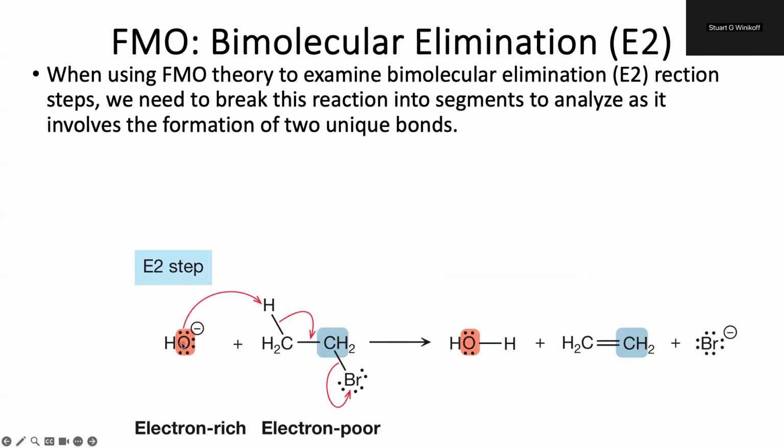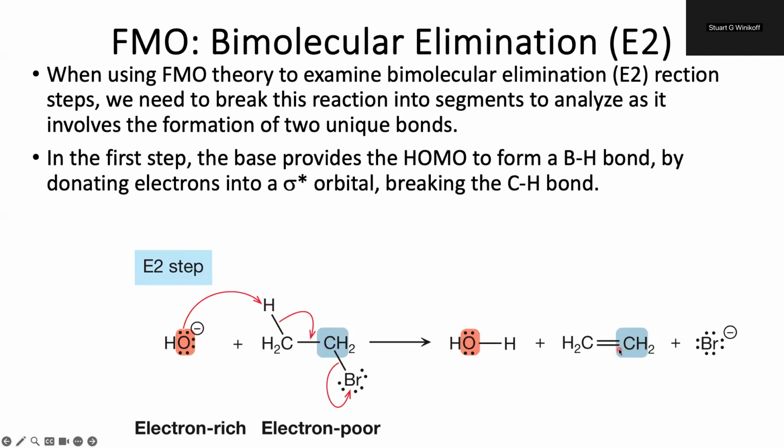Again, my base takes the hydrogen atom that I'm extracting, as well as forming a double bond. So I've got formation of two unique bonds, which means that I really need to look at these two parts. I'm going to look at how the orbitals form that first bond and then how the orbitals form that second bond.